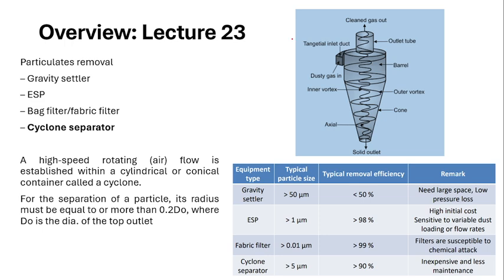And the next lecture, lecture 23, is about the cyclone separator. In this cyclone separator, the main thing is that a high-speed rotating airflow is established within a cylindrical or conical container called a cyclone. So this is the cyclone.